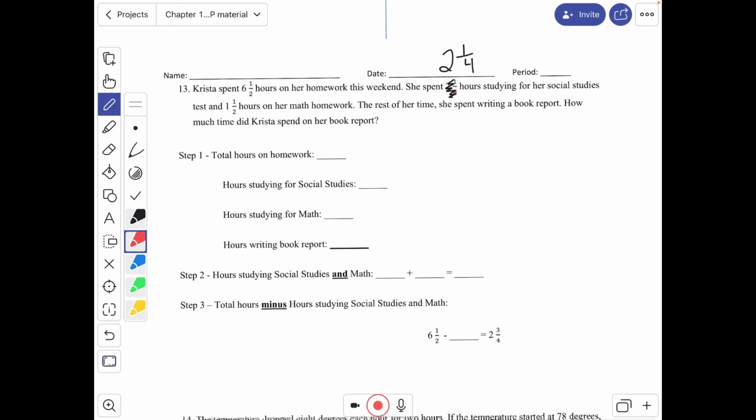So this kind of helps us step through it and figure out what we need to do. Step 1 says total hours on homework. The total that she spent was 6.5. And how much time did she spend on social studies? 2 1/4.